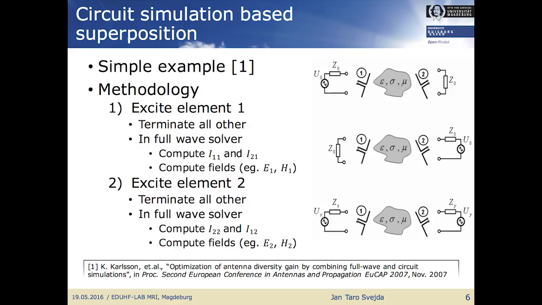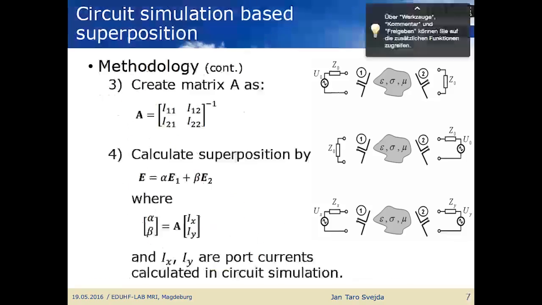You simulate everything and you save all the currents. You compute these currents, the current you feed into your network, and all the induced currents on the other ports. And you also save all your field data, so here maybe the E field and H field. Then you do the same thing again for all other ports.